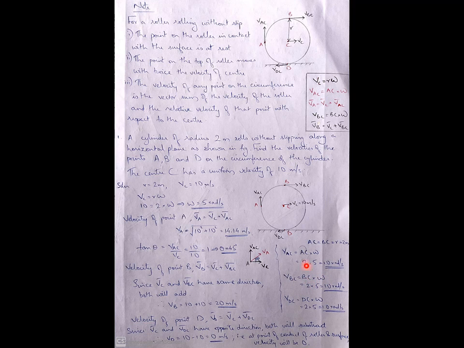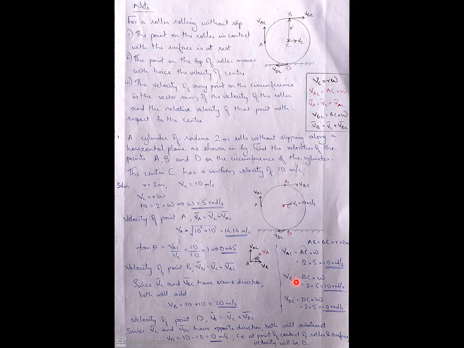In all these cases, the value will be the same, as the radius is the same. VBC will be 10 meter per second. Sorry, this is meter per second, not radians per second, linear velocity. So all these are meter per second. VDC is 10 meter per second. So VB at point B is the summation of VC and VBC, which gives you 20 meter per second.